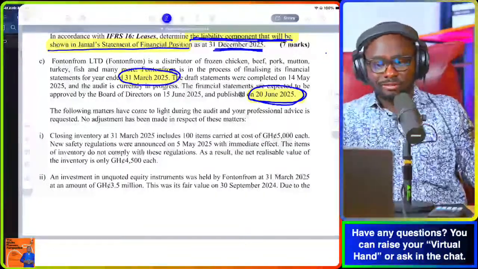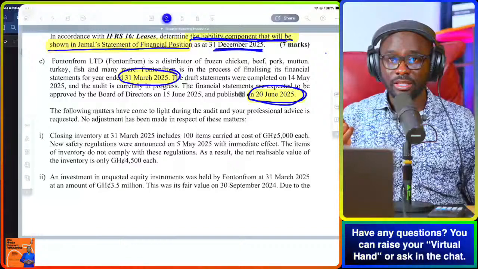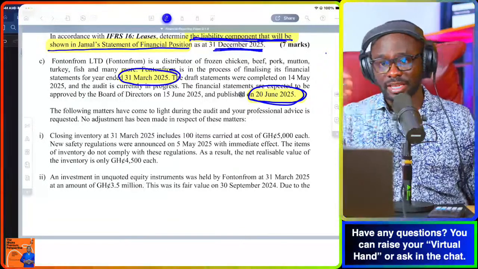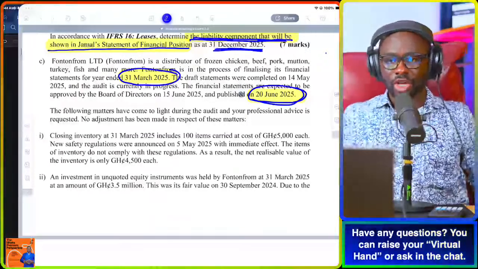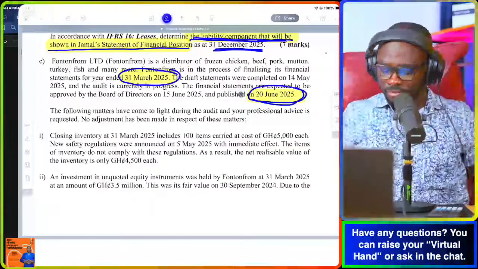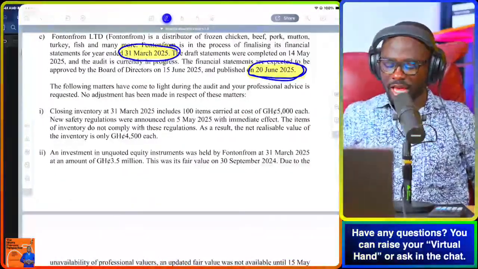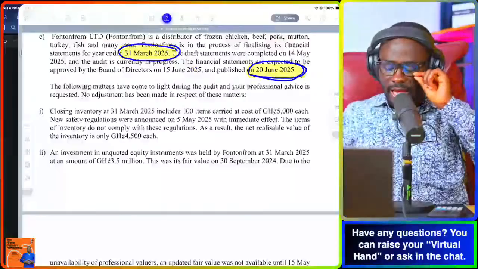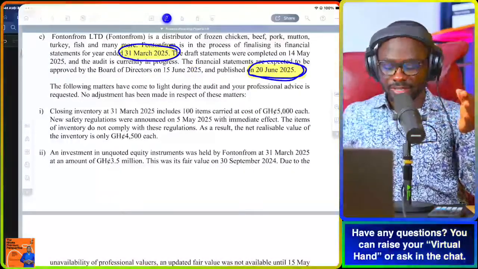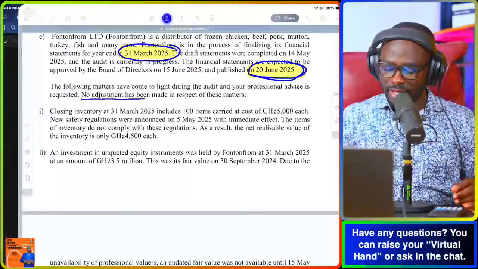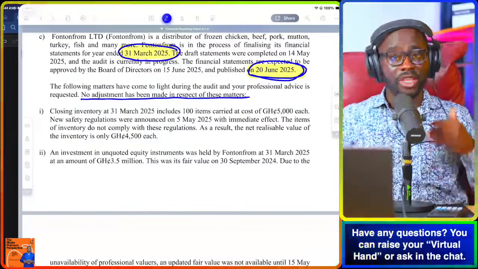But if not, it will be a non-adjusting event. And if it is material, a disclosure will be required in the note. So let's come. The following matters have come to light during the audit, and your professional advice is requested. No adjustment has been made in respect of these matters.